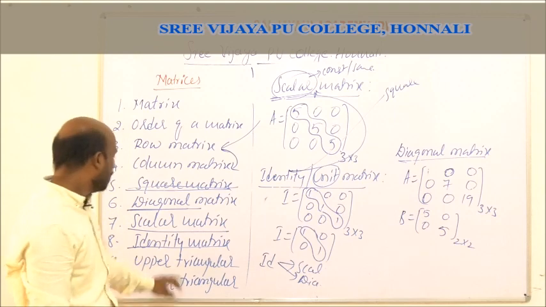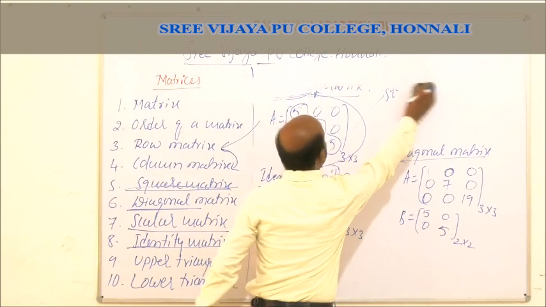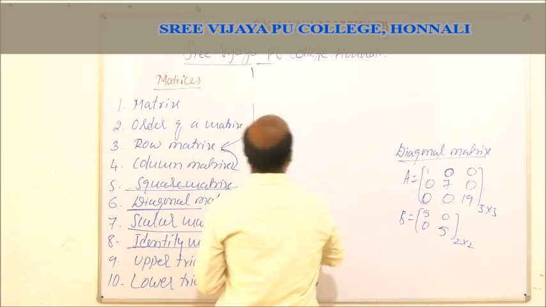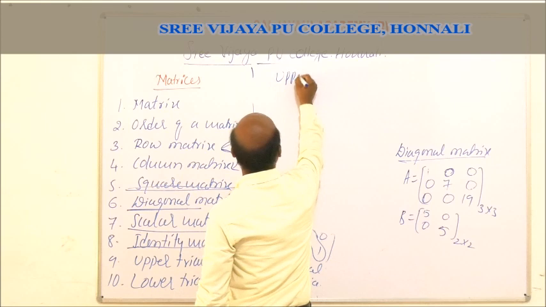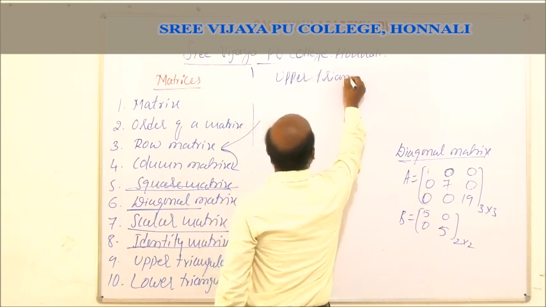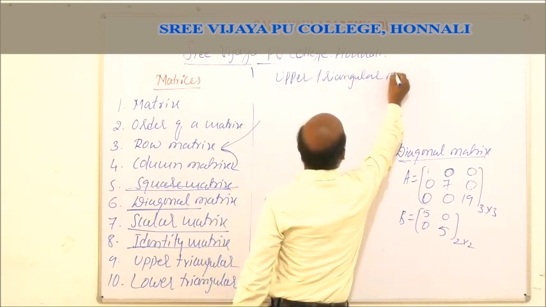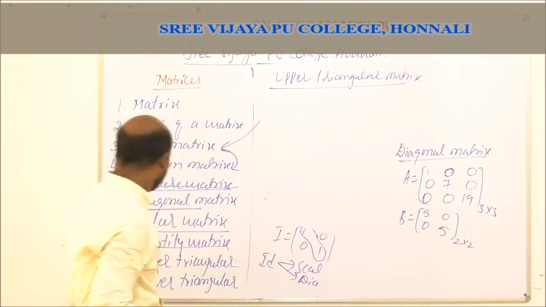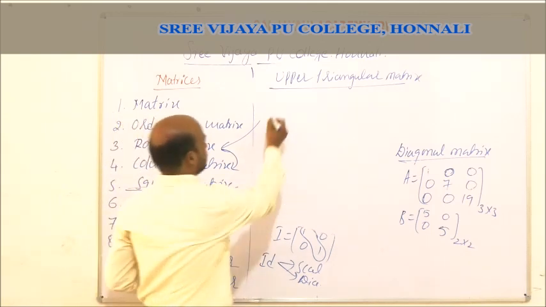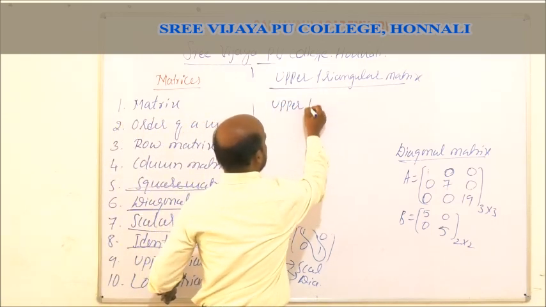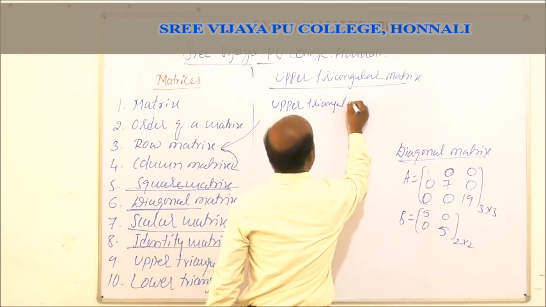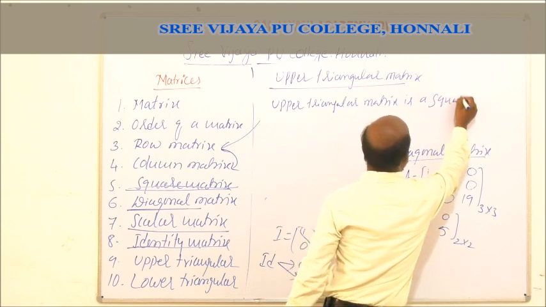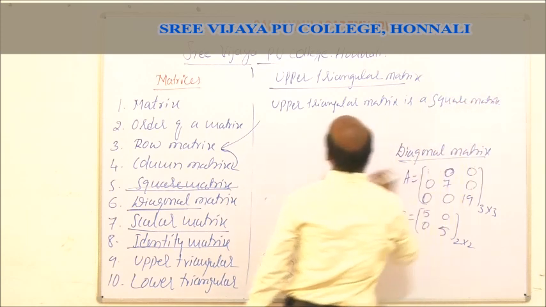Okay. After that, upper triangular matrix and the lower triangular matrix. Upper triangular matrix. Again, upper triangular matrix is a square matrix, obviously.